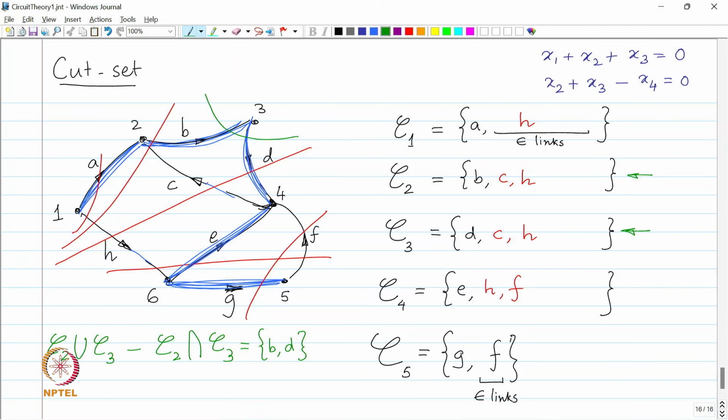The cut set is important because it gives us a KCL, a Kirchhoff's current law, right. I can sum all the currents coming out of the cut set and that is going to be equal to 0. Yes. So, that is why the cut set is important.